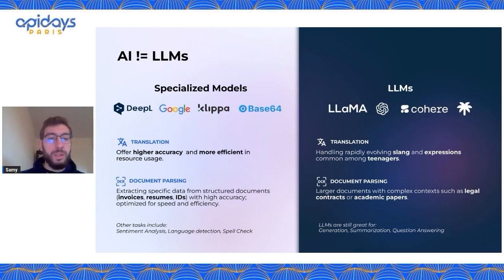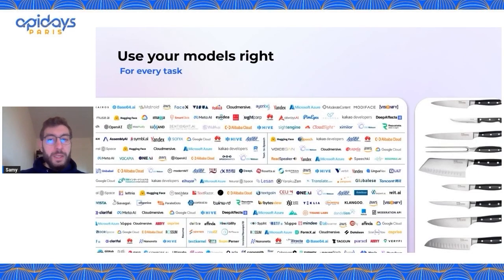That being said, there are hundreds of different AI providers that offer very specific AI models, and choosing the right tool for your tasks will make your life easier in the long run and introduce fewer errors and risks than creating prompts. So you need to keep that in mind.